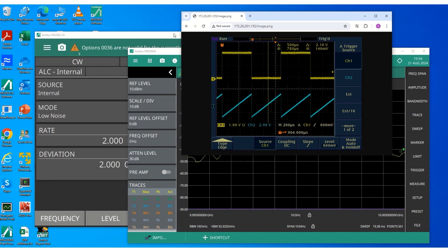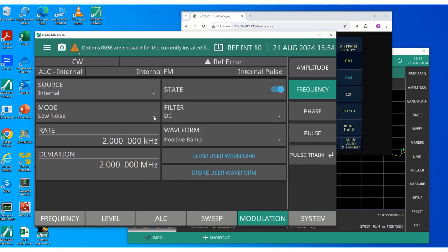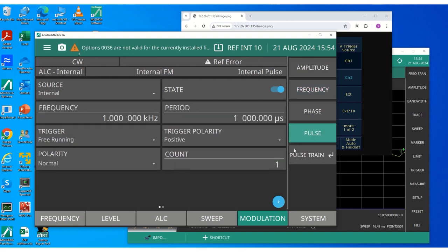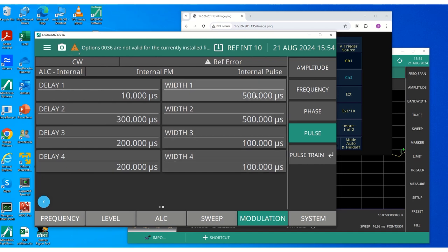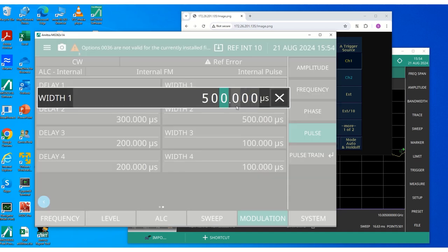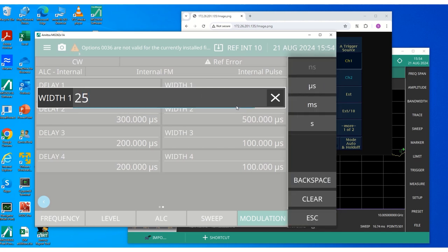So it's very important to remember that. So let's go back to the pulse, and that pulse width, let's say instead of 500 microseconds, I'm going to set it to 250 microseconds, right?